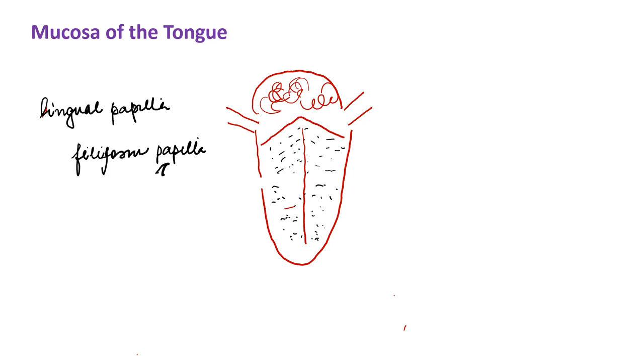But the entire tongue is full of these cone-shaped structures, which are known as the filiform papillae. These filiform papillae do not have taste buds in them. These are more for mechanical function, and they have afferent nerve endings present in them.